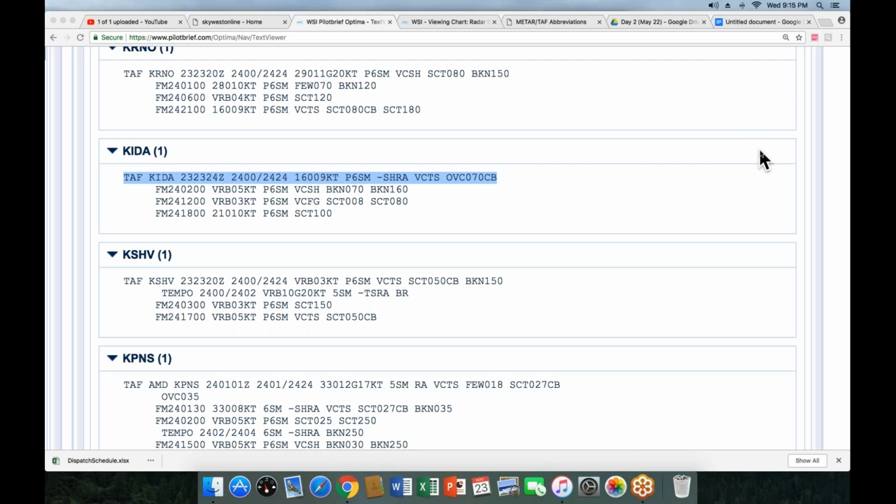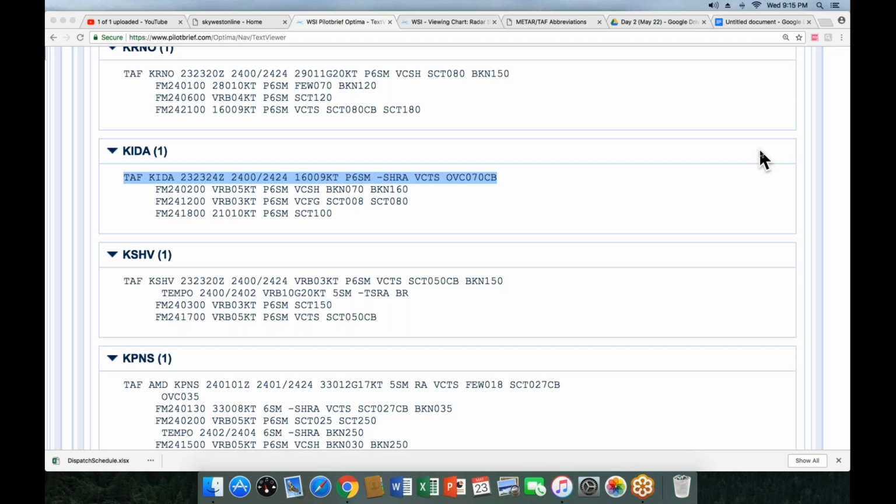Okay, Idaho Falls on the 23rd at 2324 Zulu. And is this part right here good from 2400 hours on the 24th? No, this one's an hour.